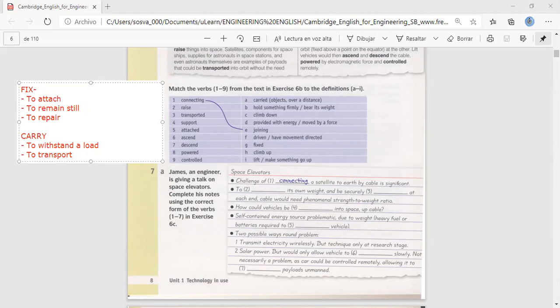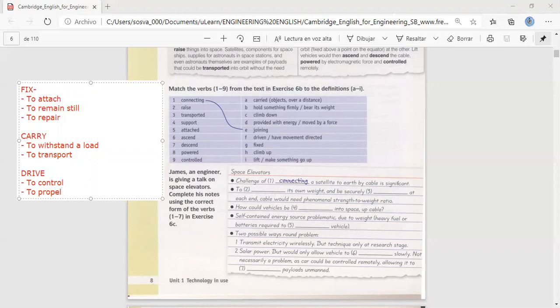Exactly. For example, the conveyor belt carries boxes. And the last verb is drive. You know, drive a car. Drive means to control. For example, the driver drives the car. And the last one is to propel.